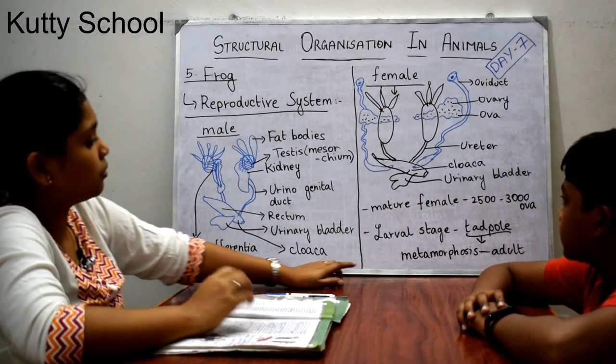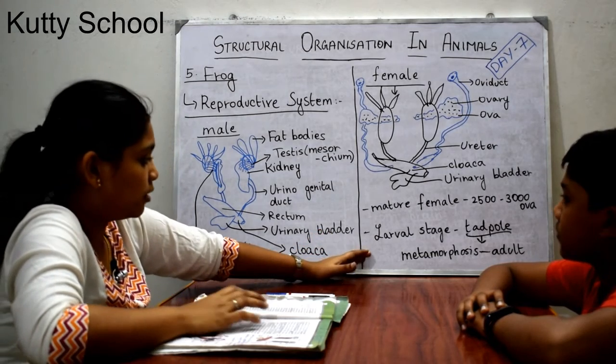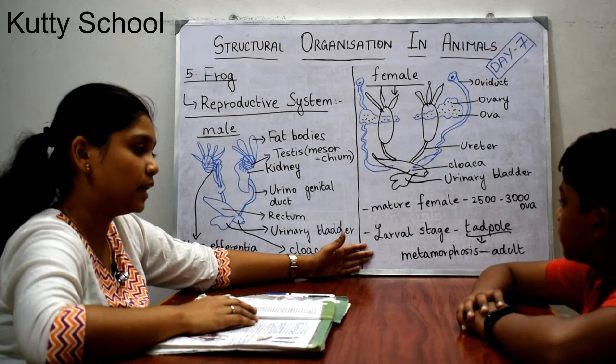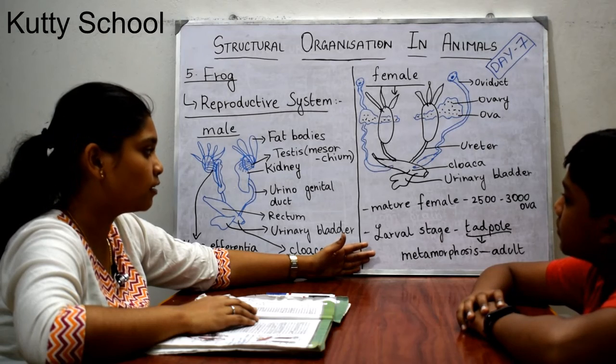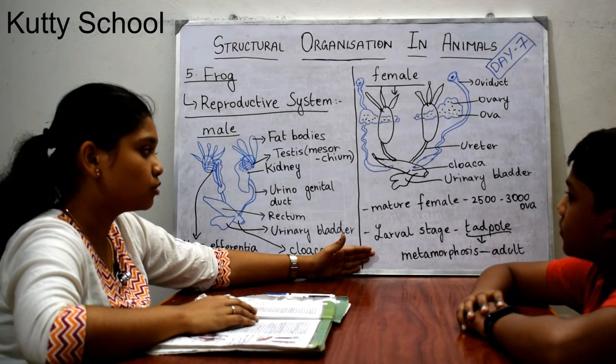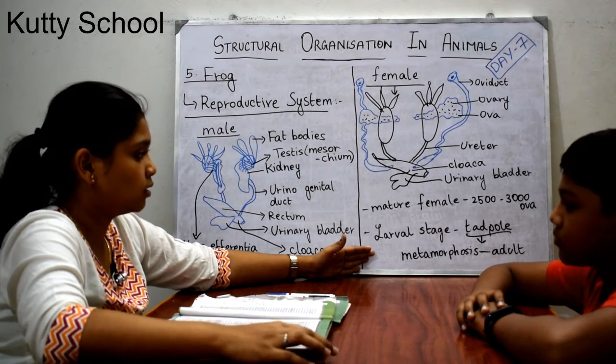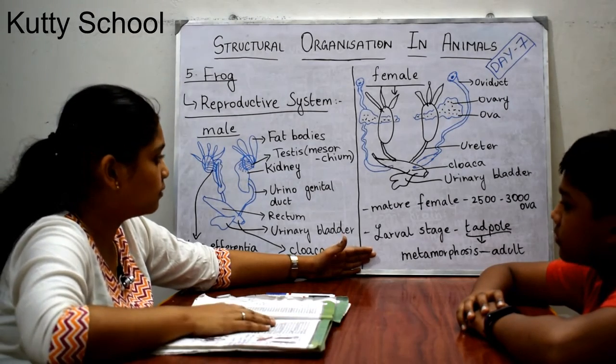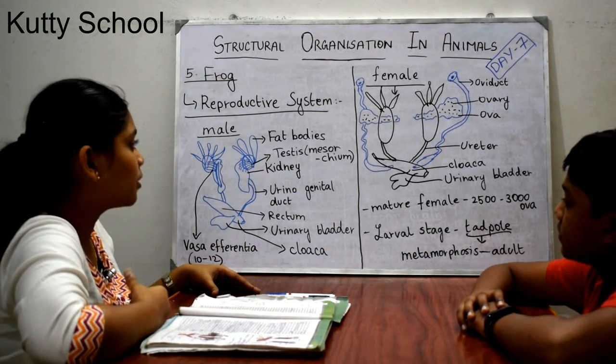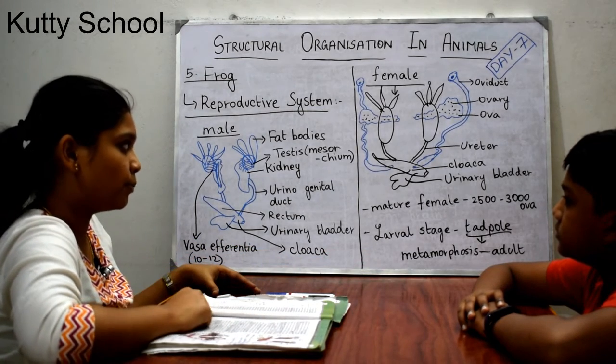So this is about development in frogs. The development is indirect, and the fertilization is external. So we have seen the reproductive system, fertilization and development of frogs.